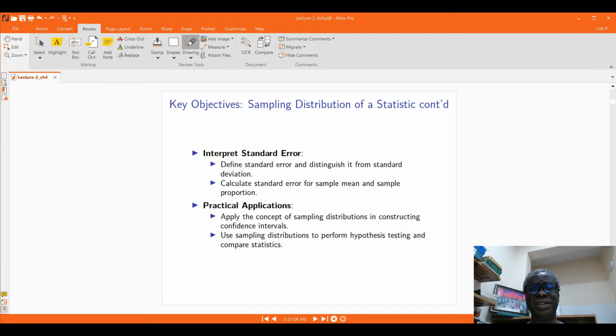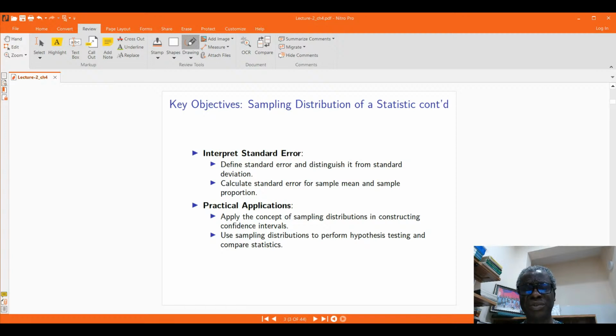And the last objective is for you to gain practical knowledge. So we are going to apply the concept of sampling distributions in constructing confidence intervals. You will know the applications.